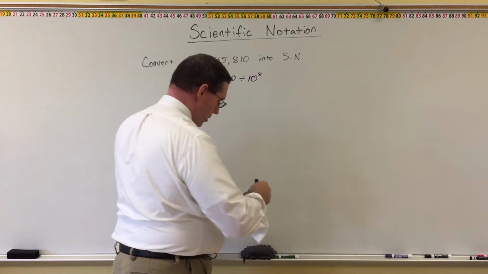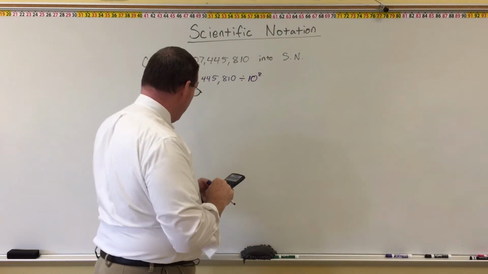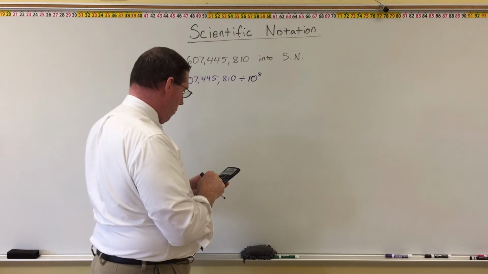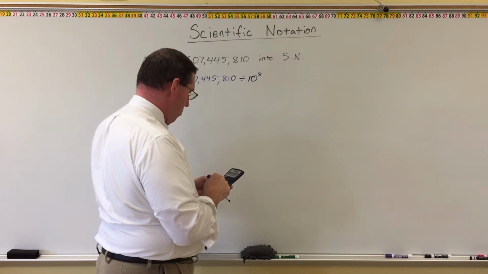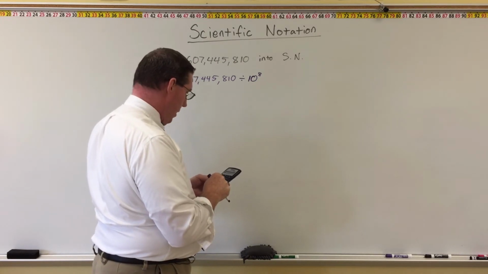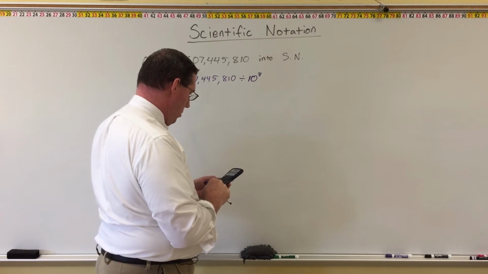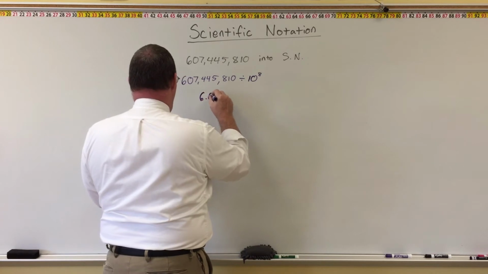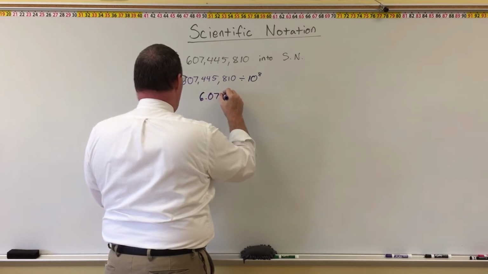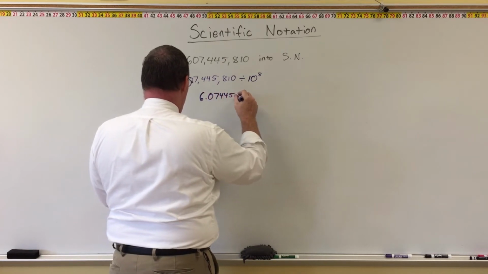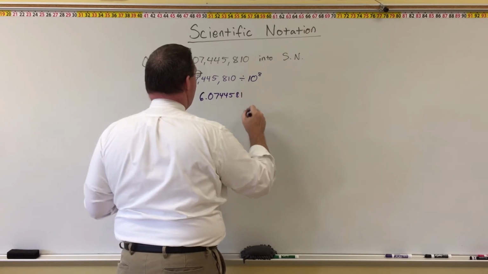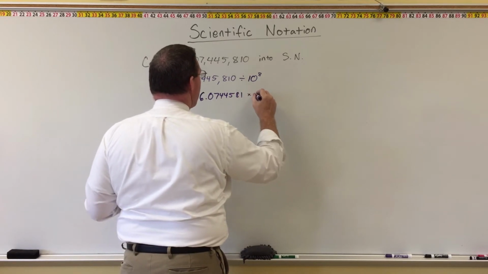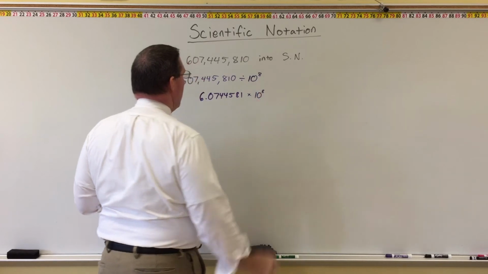So I'm going to grab the calculator, and we're going to do 607,445,810 divided by 10 to the 8th power, and we get 6.0744581, and then we're going to put on there times 10 to the 8th power.